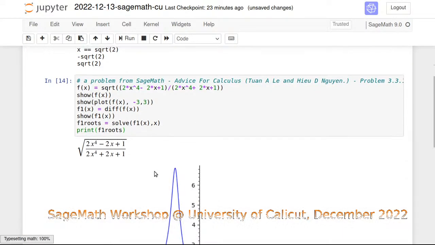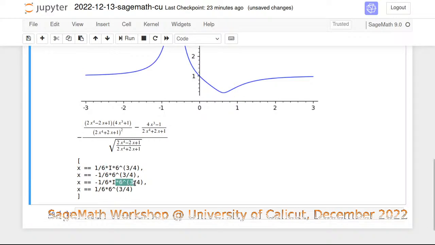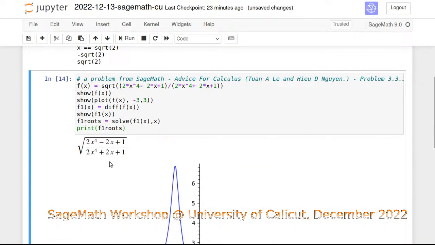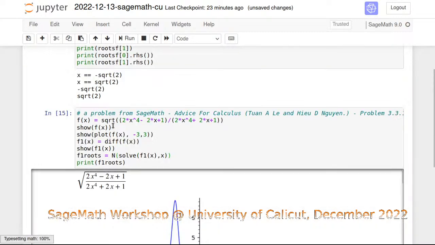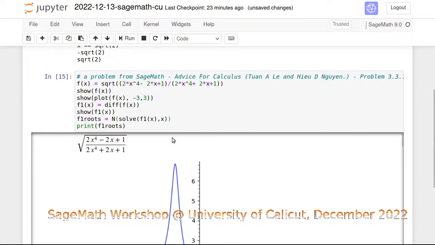Let's see that. So two roots seem to be complex roots, right? Complex conjugates they are. And the other roots, it's difficult to actually make out from this. Maybe we can try to approximate it, numerical approximation. If we do that, what will be?